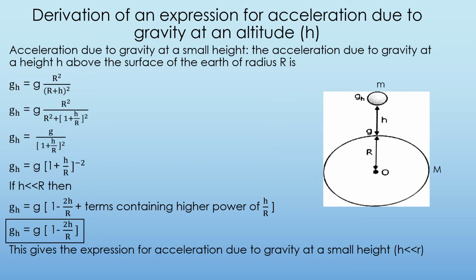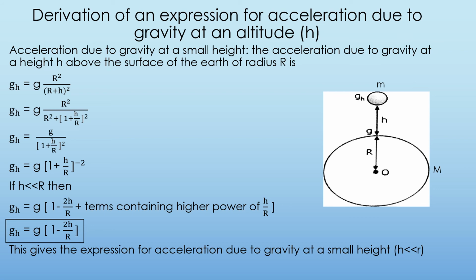Next, the acceleration due to gravity at a small height, that is, at height h above the surface of the earth of radius R. We have derived g_h is equal to g R square by R plus h whole square. We can write this as g_h is equal to g R square by R square into 1 plus h by R whole square.